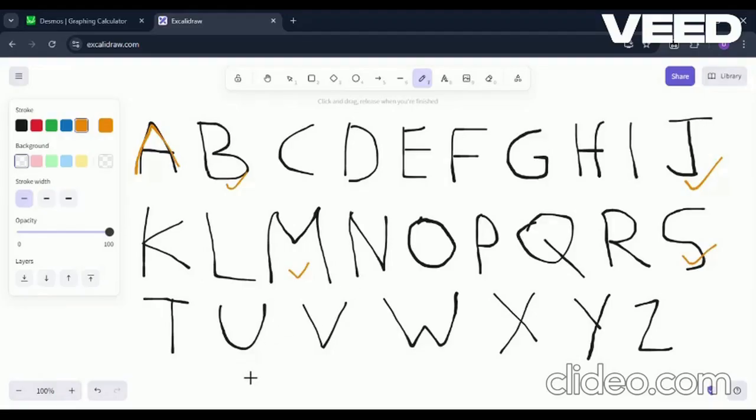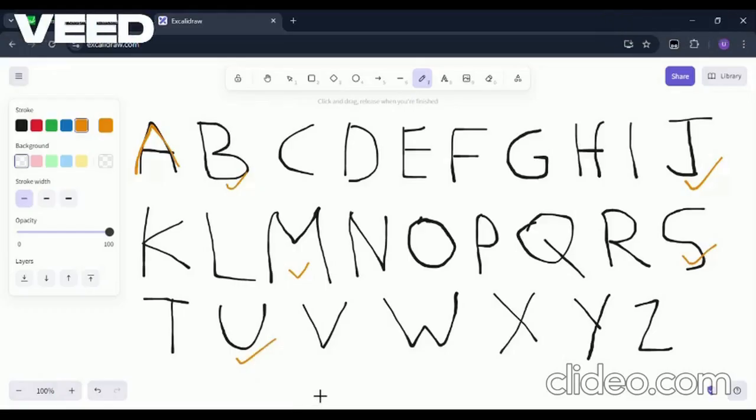But in case of U, it's different from others, so you can try this one. V is just mod X only. W, yes, you can try W. It's basically an upgraded mod X graph. X is easy, two intersecting lines. Y is just X only. If you remove this portion from X, it will give you a Y curve. And Z is also easy.